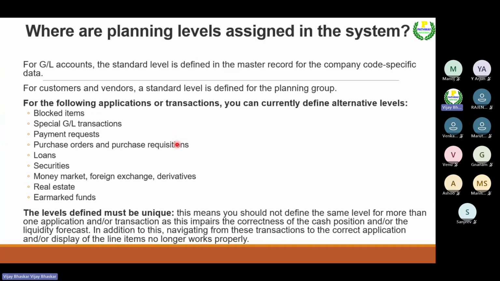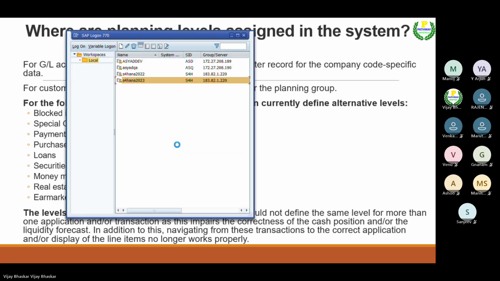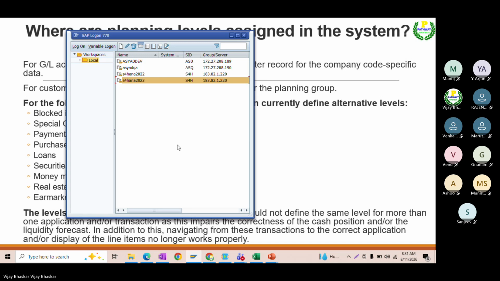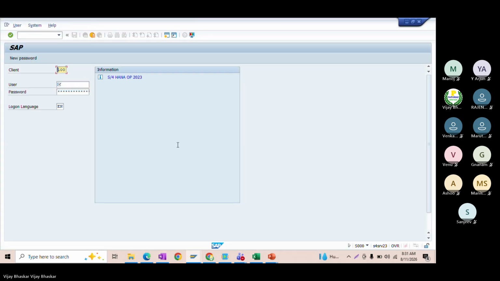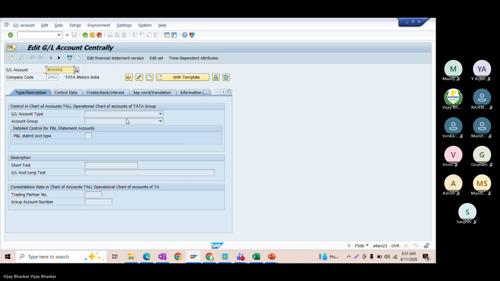Now, if I go to that, now if I go to this one, right?